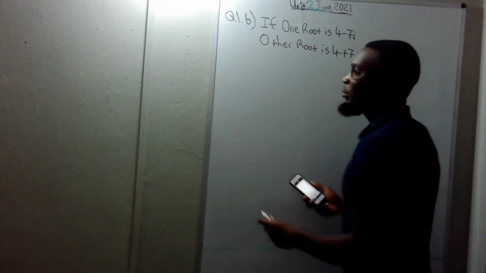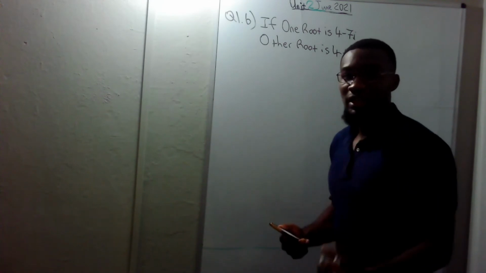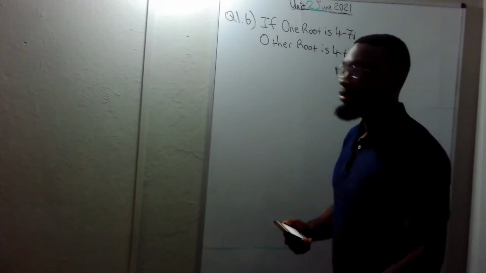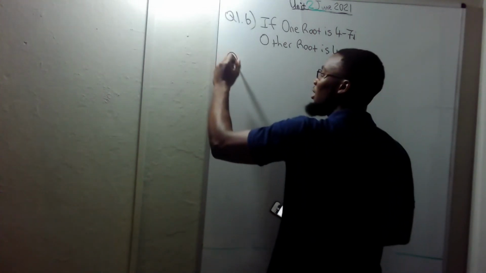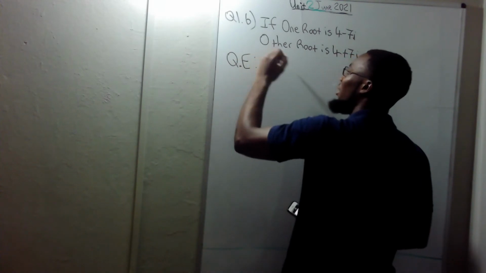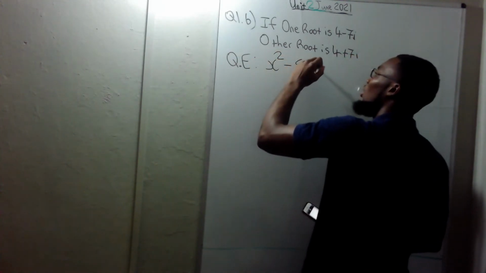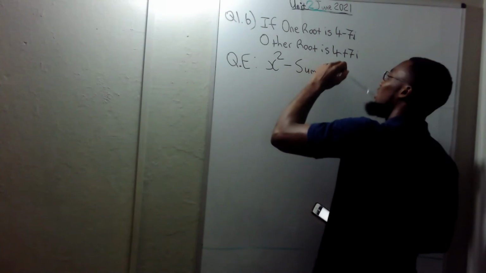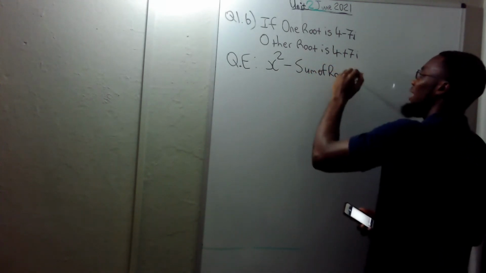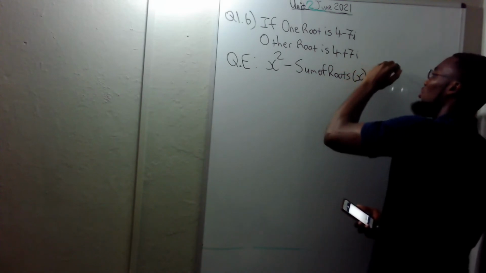So then now we have to remember that the equation of a quadratic is written in the form x squared minus the sum of the roots times x plus the product of the roots.